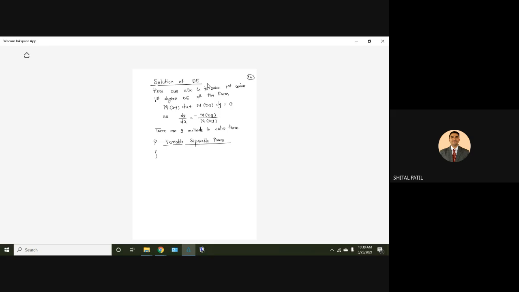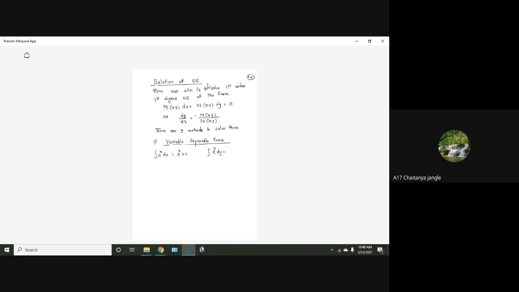Tell me what is the integration of e raised to x dx, fast. E raised to x, and I have to add a constant, right? Then what is the integration of e raised to y dy?